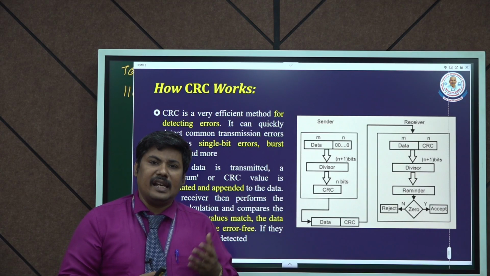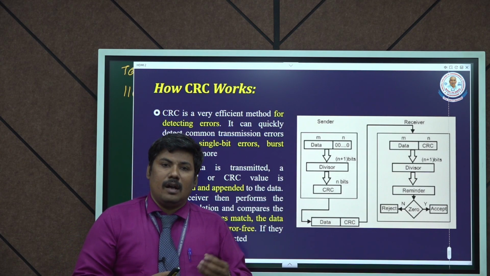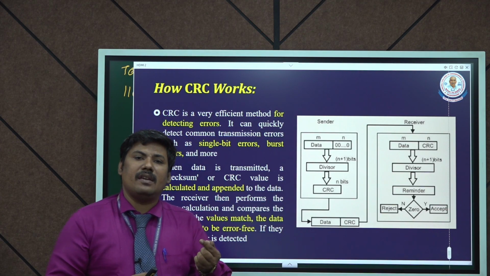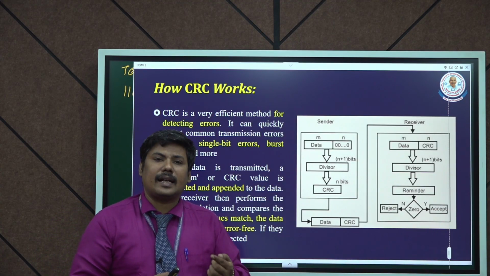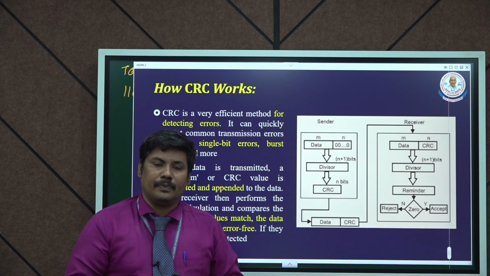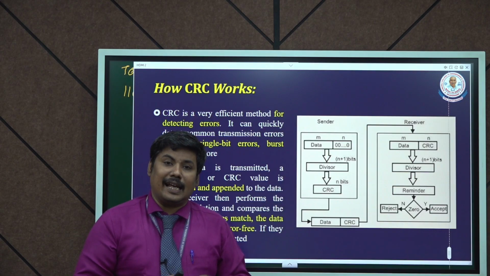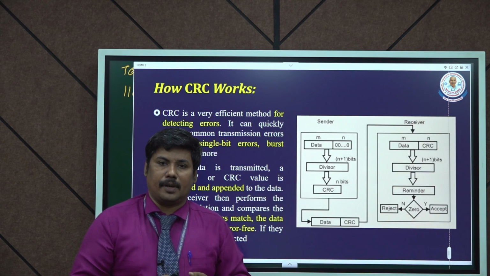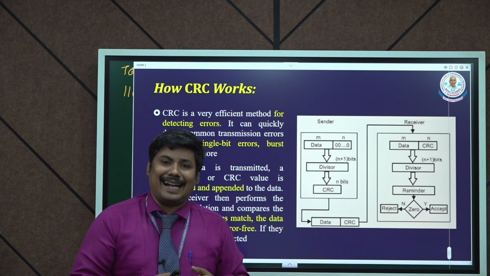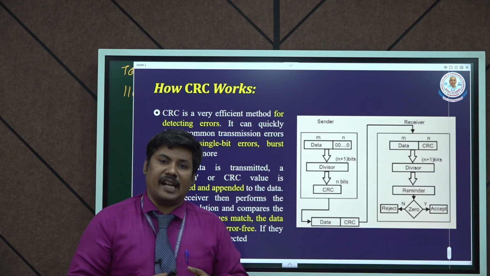Single bit error: in a segment of data, one bit may be altered or corrupted. That kind of error is called a single bit error. In a burst error, an entire segment of data may be corrupted or altered during transmission due to noise and interference.